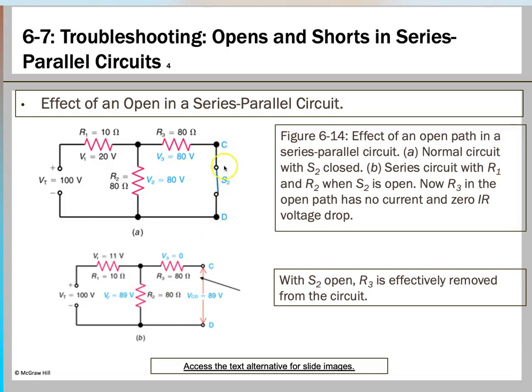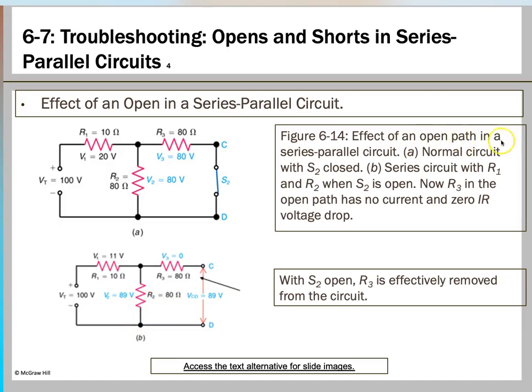When the switch is closed, the current distribution will be like this, and when S2 is open, the current will only flow like this. There will be no current here, and that's why V3 equals 0. The voltage across CD is going to be the same voltage which appears across the R2 resistance, which is 89 volts.